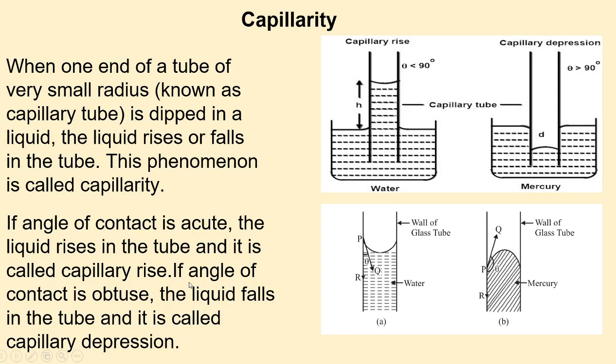Suppose we have a tube with a very small radius at one end, and it is dipped into a liquid. There is a phenomenon you can see: the liquid rises or falls in the tube.